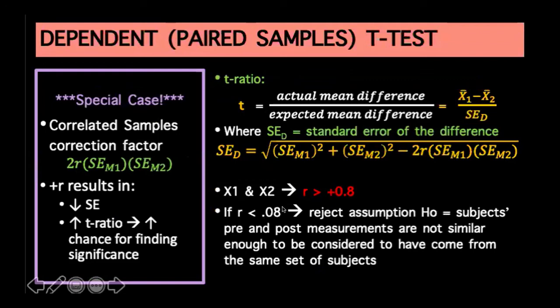No, this should be 0.8, both 0.8. Okay. That's a good catch. Thank you. That was probably a result of me typing too fast. Okay, so 0.8. So you need a strong positive relationship. Anything less than a strong positive relationship is not good. Okay. Any other questions on paired t-tests?